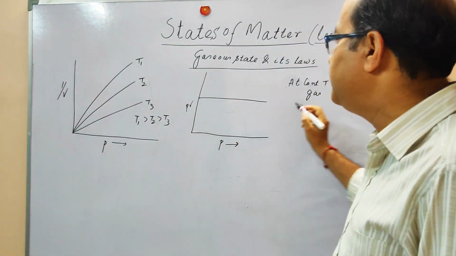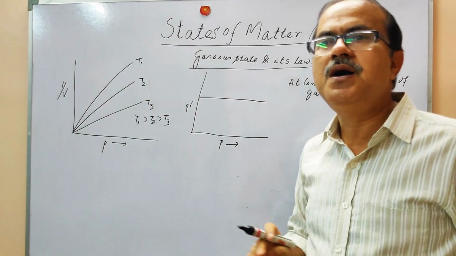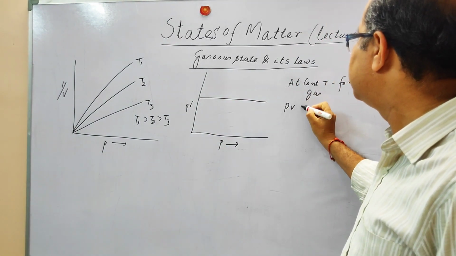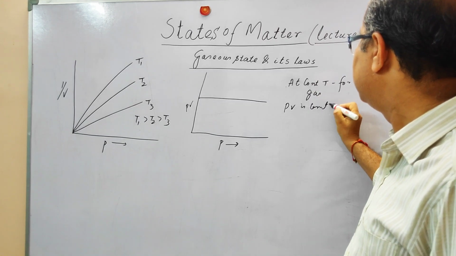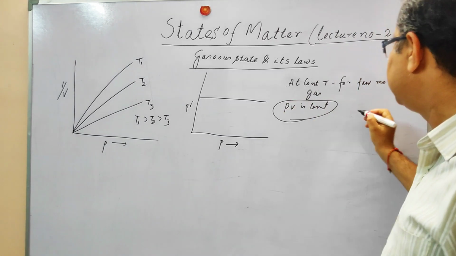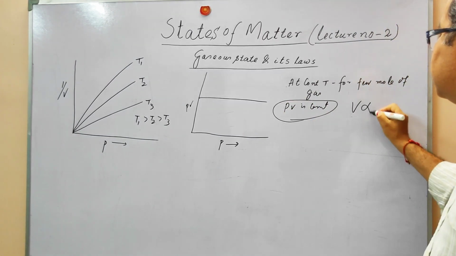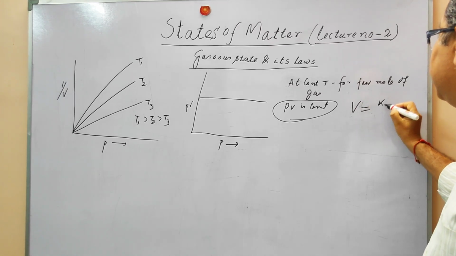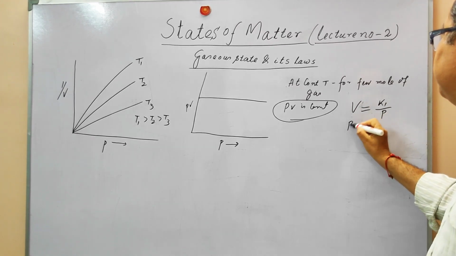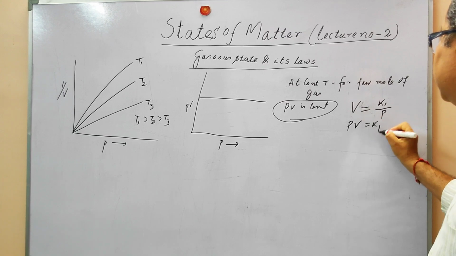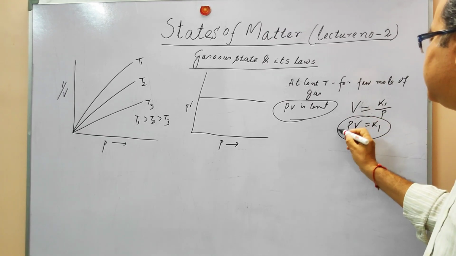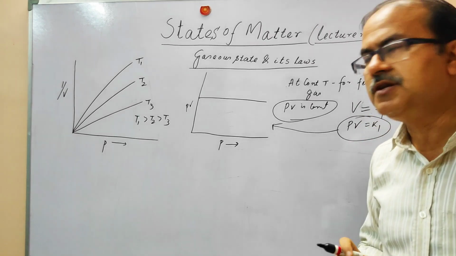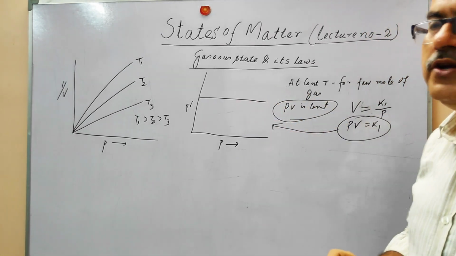You can see this graph is parallel to the x-axis. So PV is constant, and we can understand that from Boyle's law, that is, K1/P = V, so PV = K1. This is the mathematical expression, and it has been plotted graphically.